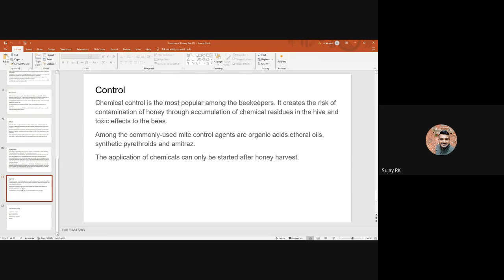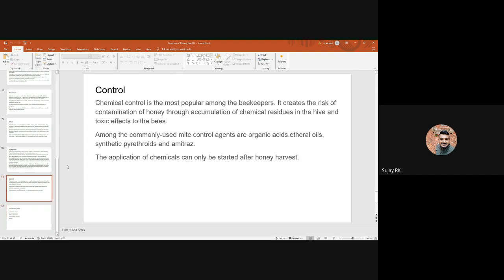So it's better to keep watch on a daily basis: if there is any crack or gap, whether any eggs are laid, open the combs and see if there is any larva development or any extra growth in the comb. Regular watching of the combs and hives can actually control the pest infestation or attacks on the honeybees.